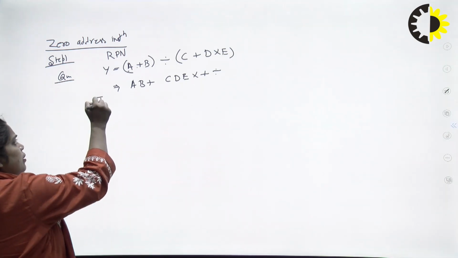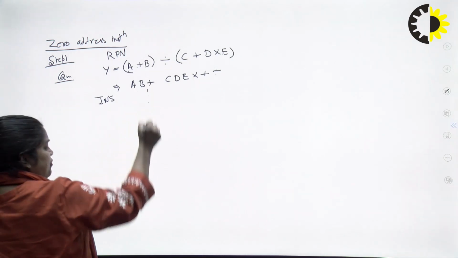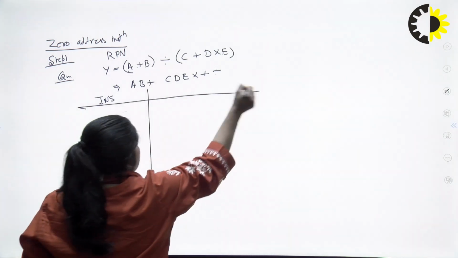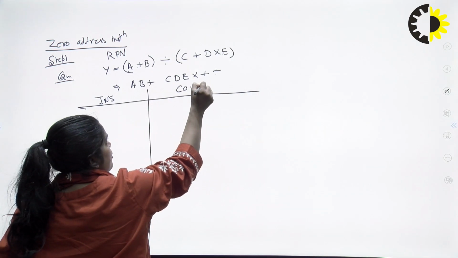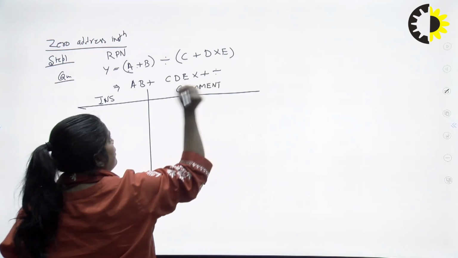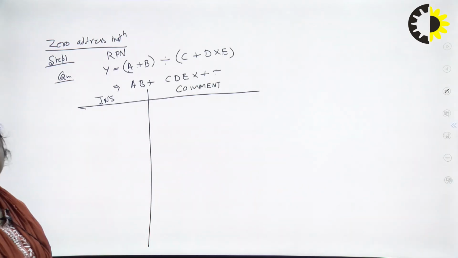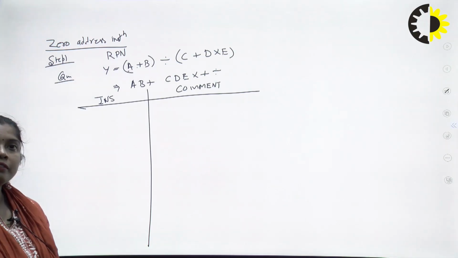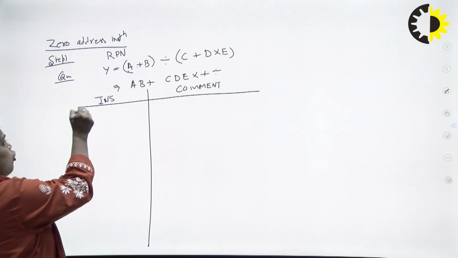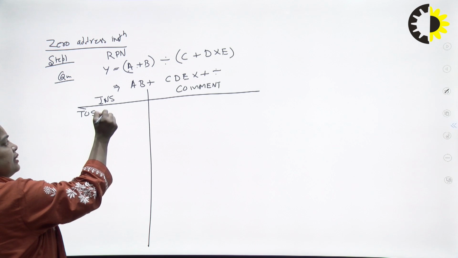Now, in the instruction and comment, the first thing is what? In the instruction, there is a top of the stack. What is the top of the stack?